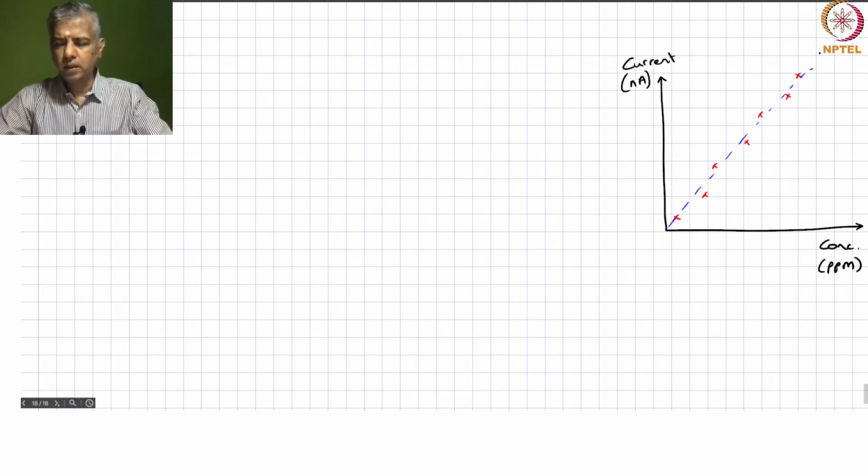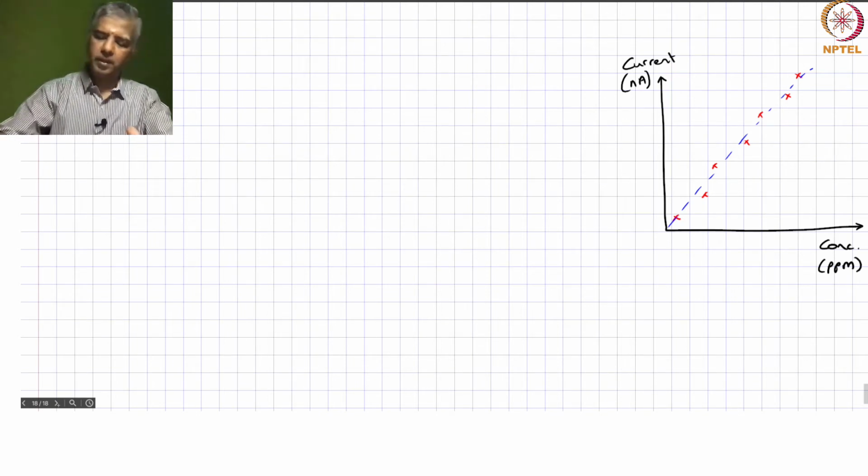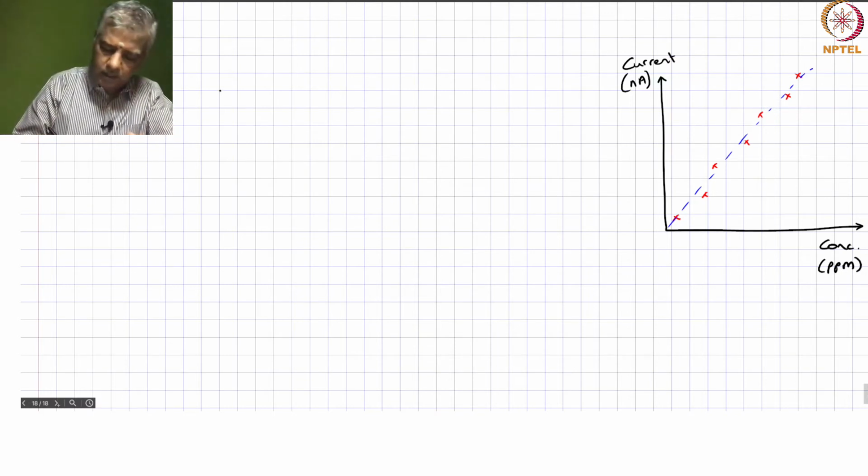So then the question is, what is measurement range? Well, measurement range corresponds to the range between the maximum value that you can pick up and the minimum value that you can pick up. So let's define that.